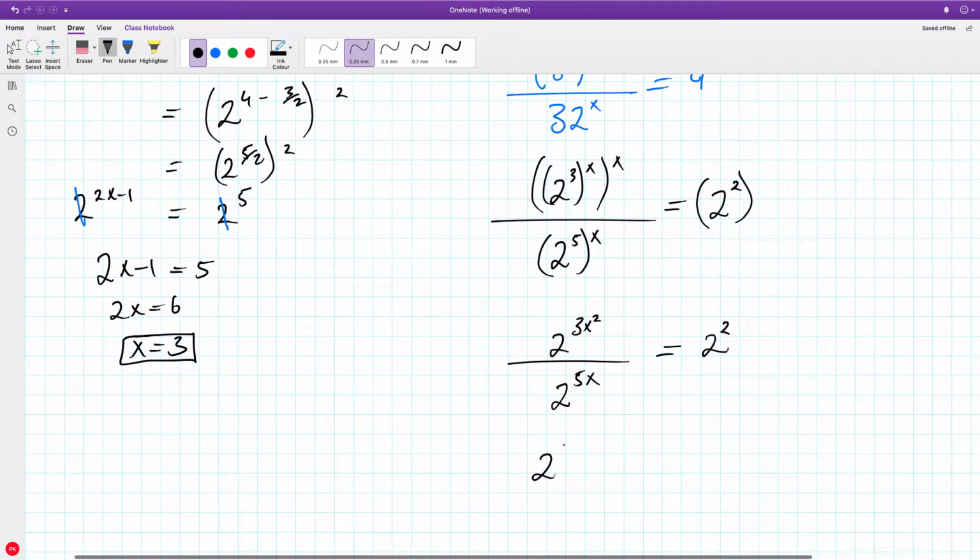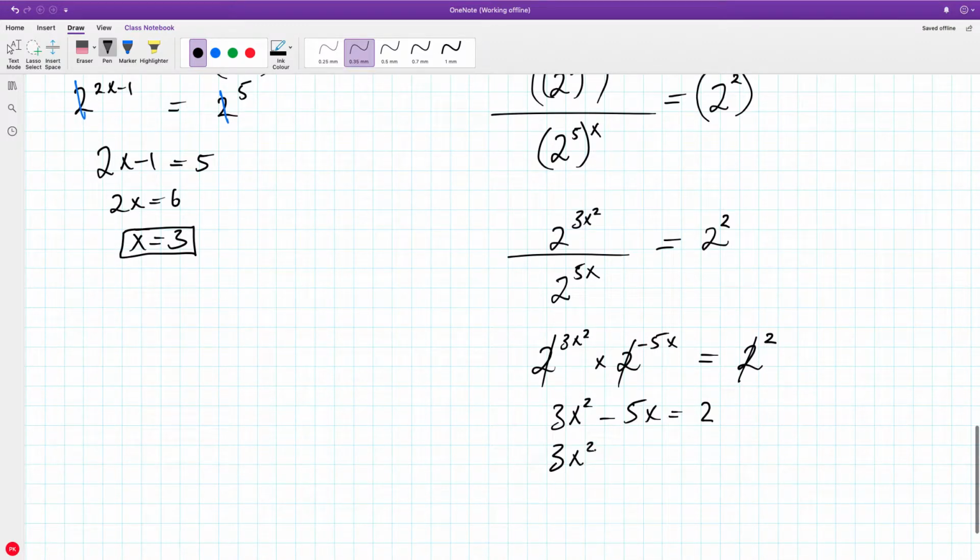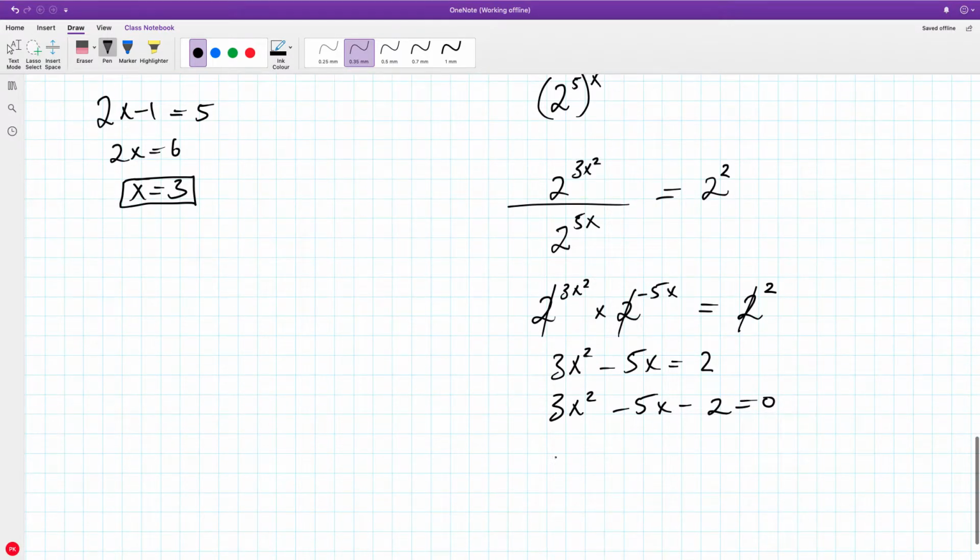That is 2 to the power of 3x squared multiplied by 2 to the power minus 5x is equal to 2 to the power 2. All 2's, cancel them off. 3x squared minus 5x is equal to 2. 3x squared minus 5x minus 2 is equal to 0.